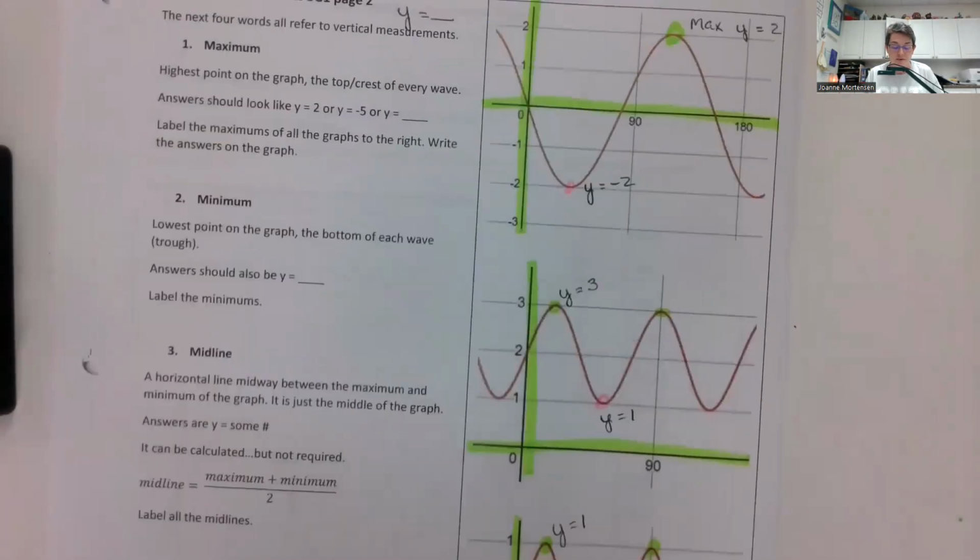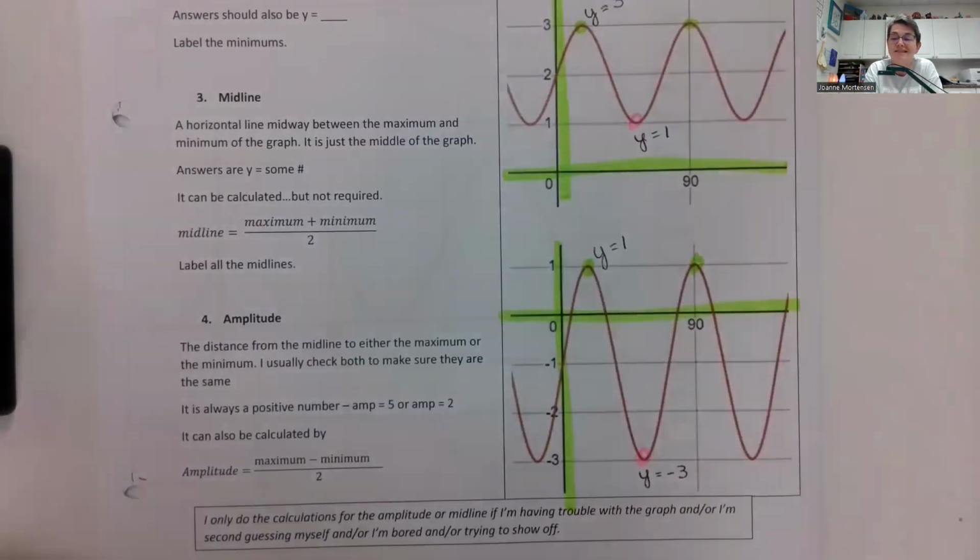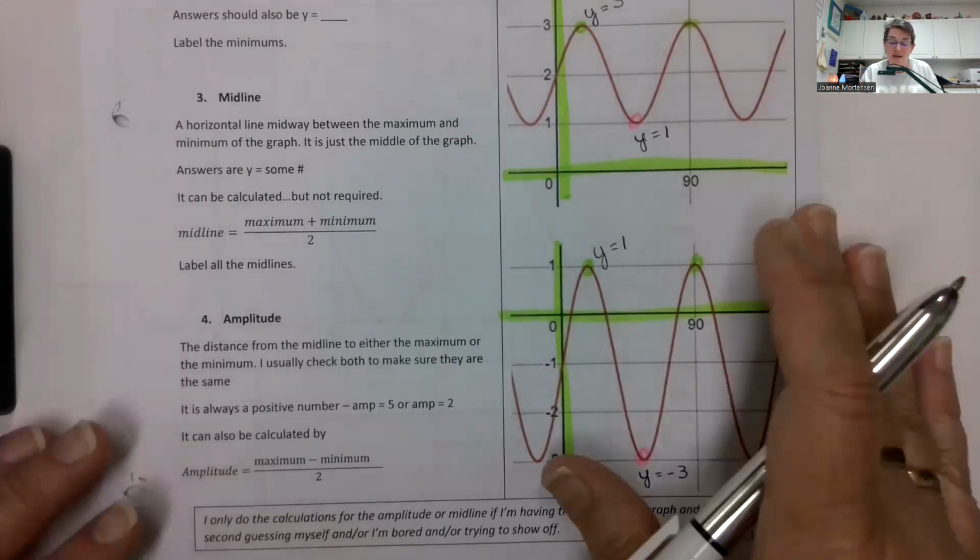All right. Oh, where are we? Midline. I bet you could have guessed what it means if you have the maximum and the minimum. Now you've got the midline, which is the middle. All right. And again, we're having y is equal to some number.